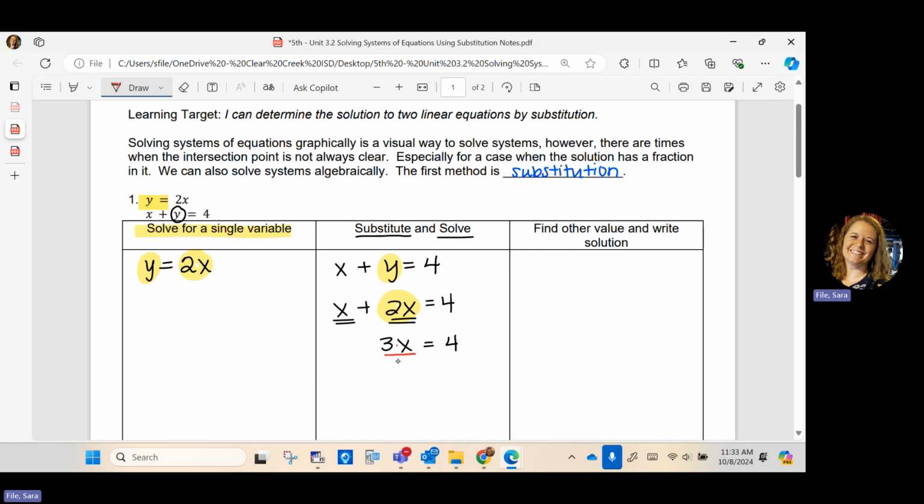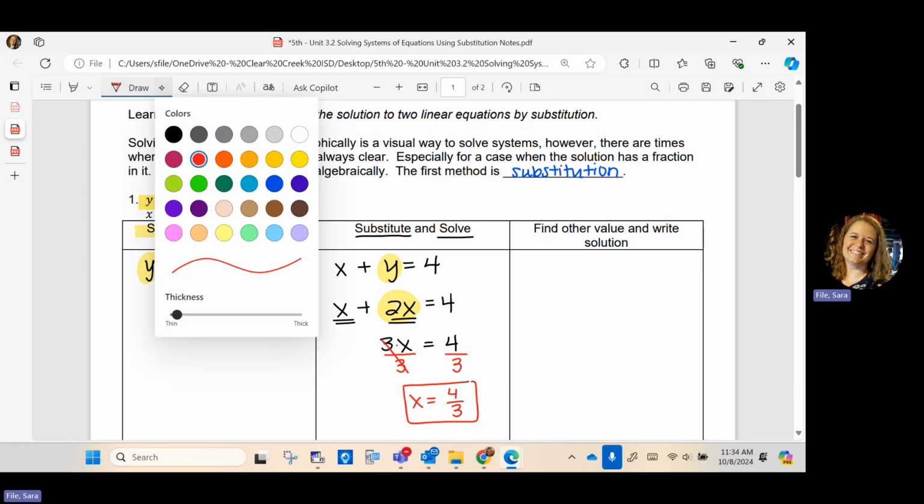So we're going to divide the 3 to the other side. So that gives us x equals, and we're just going to leave it as a fraction, 4/3. That is a repeating decimal, so we don't want to have to round or anything. We want to just leave it as the exact answer. So we've got x is 4/3, so that's one of our variables.